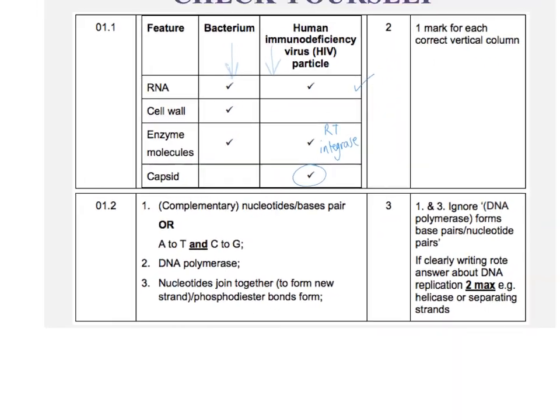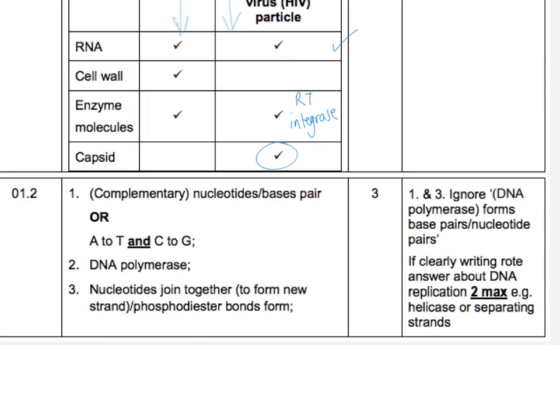So if we carry on down here, it's talking about that process of semi-conservative replication. So what we should have been able to say at some point in our answer is that the nucleotides or the bases pair complementarily, or the A goes to T and C goes to G. You cannot just mention A goes with T as an example because there's 4 nucleotides.